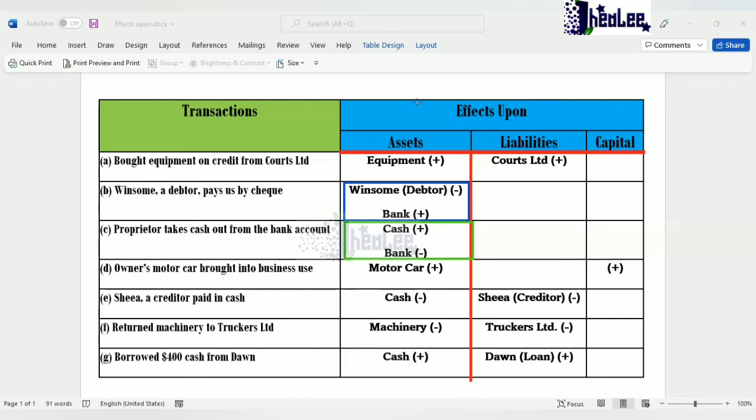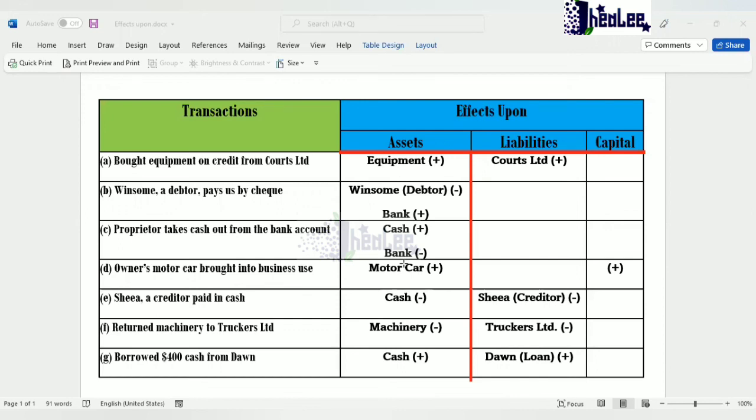Okay, so basically what I'm trying to say is that when you have the balance sheet equation, assets equal to capital plus liability, you have to ensure that the effect that you have on the left with your asset is the same effect that is on the right. So if it is that you increase your asset, it means that either your liability or your capital will be increasing.